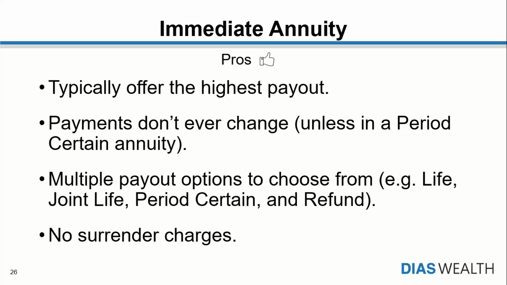So the idea is you want to get a quote and compare with everything that's out there. But for the most part, for general information, obviously we're in a low interest rate environment now. In general, immediate annuities typically offer the highest payout. That's why we use the word typically. The payments don't ever change unless it's a period certain, and you have multiple payout options. You can choose from life, joint life, period certain, and even refund. And there are no surrender charges.